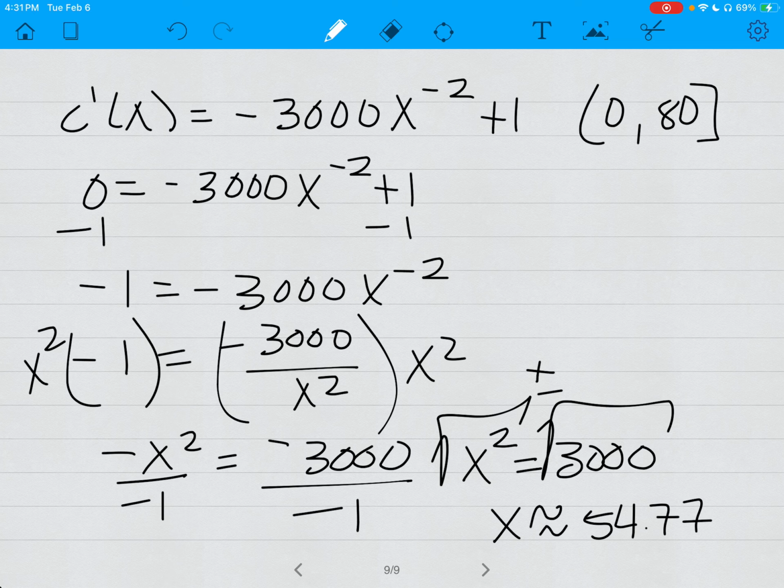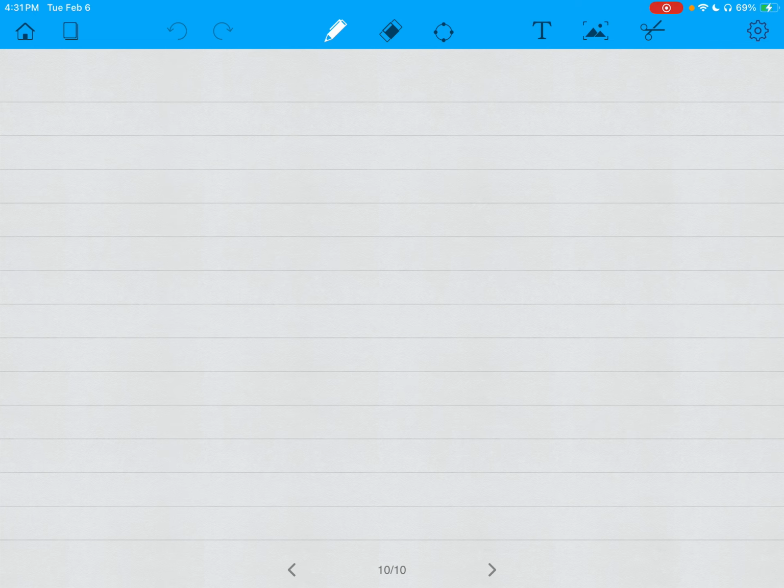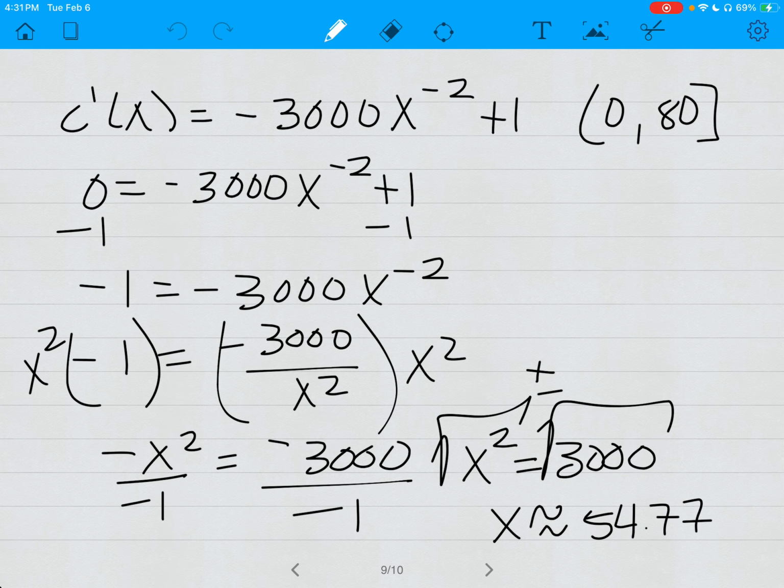So now we need to check the second derivative to see what the sign of the second derivative is when x is about 54.77. So C double prime of x equals, when we go back here, again, we're going to take the derivative of the first derivative, bring the negative 2 down front as a multiplier.